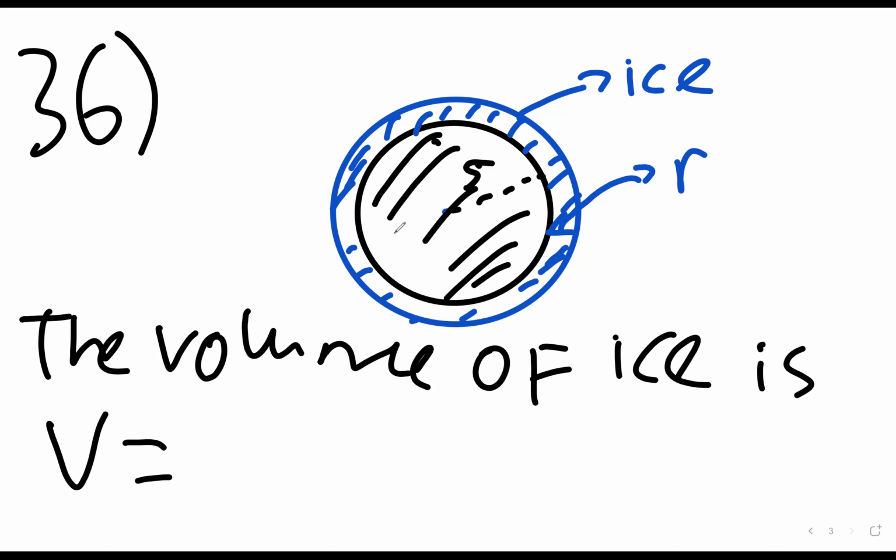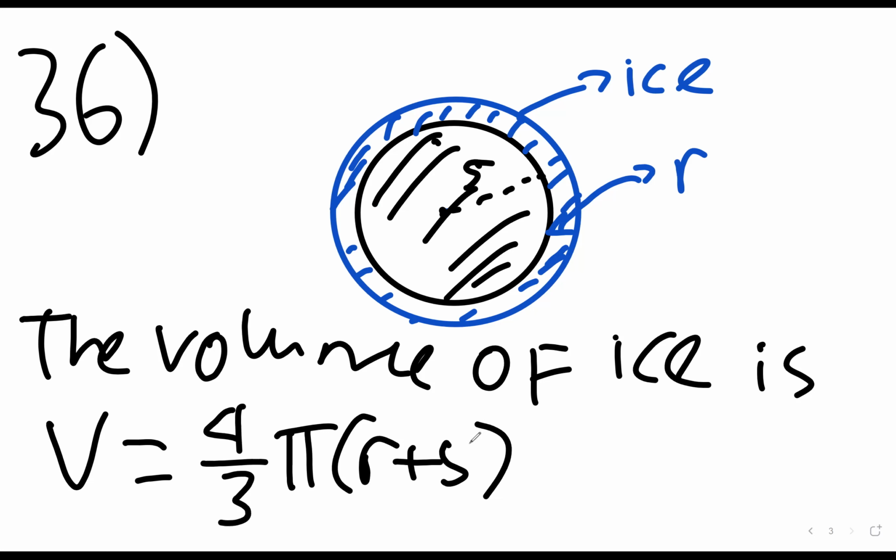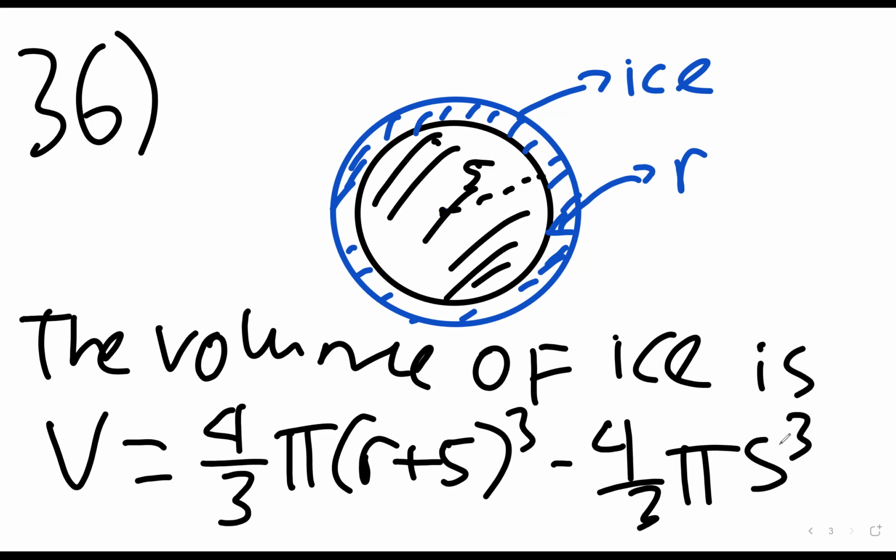And obviously the volume of the ball is 4/3 pi (r plus 5) cubed, since the radius of the iron covered with ice is r plus 5, and the volume of the iron is minus 4/3 pi 5 cubed there.